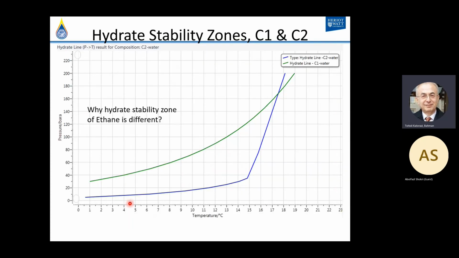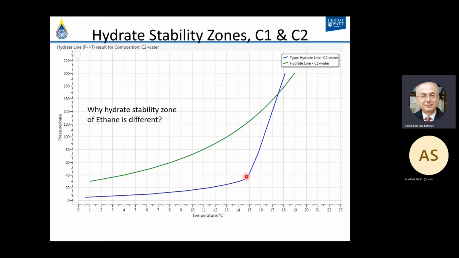If you do this calculation, this was for methane, and this is for ethane. You see that there is a sudden change in slope. That is the point where ethane changes phase from gas to liquid.